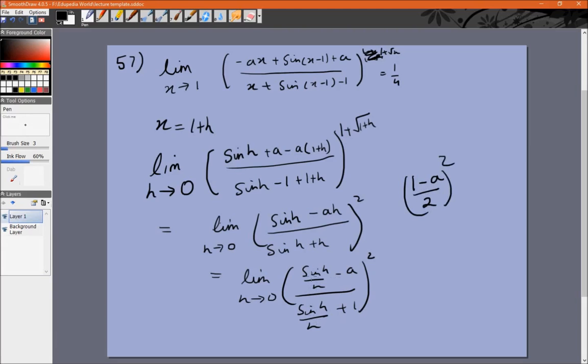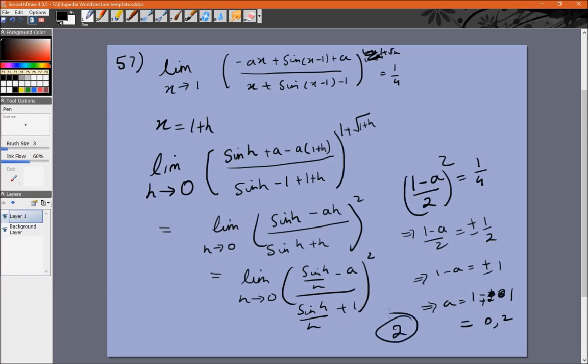We are given this is equal to 1 by 4, which means (1 minus a) by 2 is equal to plus minus 1 by 2, which means 1 minus a is equal to plus minus 1, which means a is equal to 1 minus or plus 1, which means a is equal to 0 or 2. So the largest non-negative integer means a is equal to 2. So this is the answer to question 57.